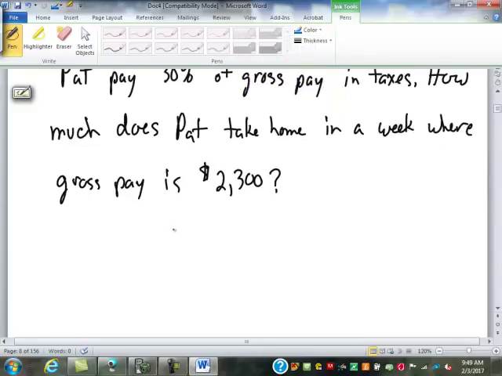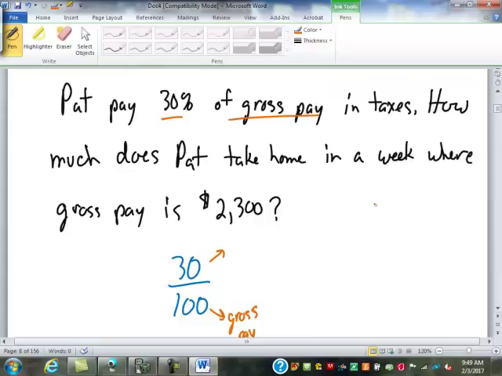So we've got the 30% here. The 30 represents what in this problem? Well, 30% of gross pay implies the gross pay is the larger amount that they're taking out of. So that would be the 100. The piece of the gross pay that the 30% focuses in on is taxes. 30% of the gross pay is in taxes.